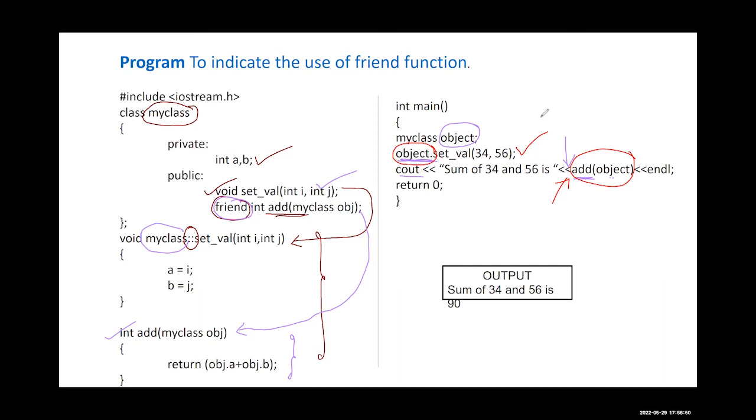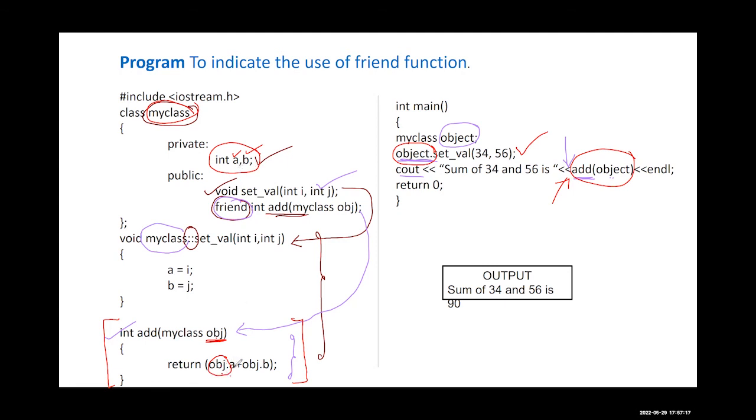One more thing you need to remember here, in the friend function, the last point we discussed: whenever a friend function has to use the variables, in this case it is using the a and b variables, what is happening here? First it is creating an object of MyClass, and then using that object and the object dot operator, it is accessing the variables.